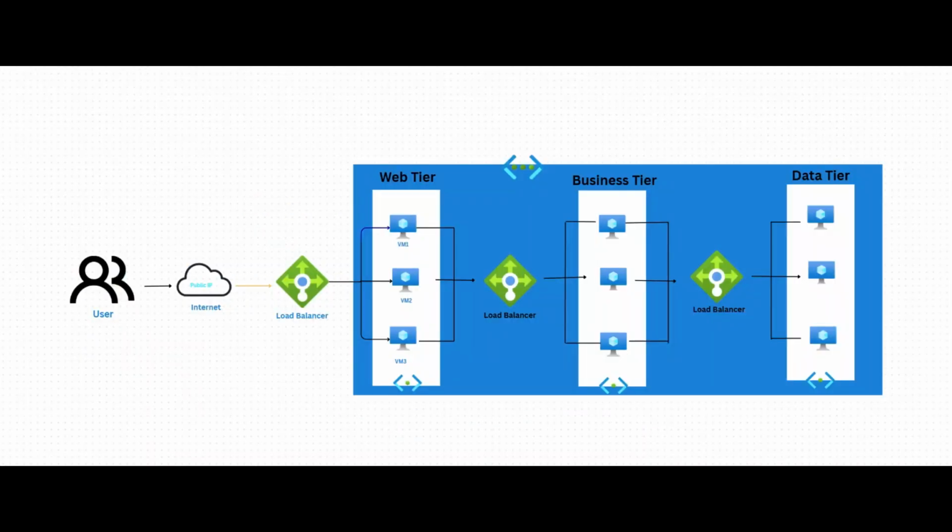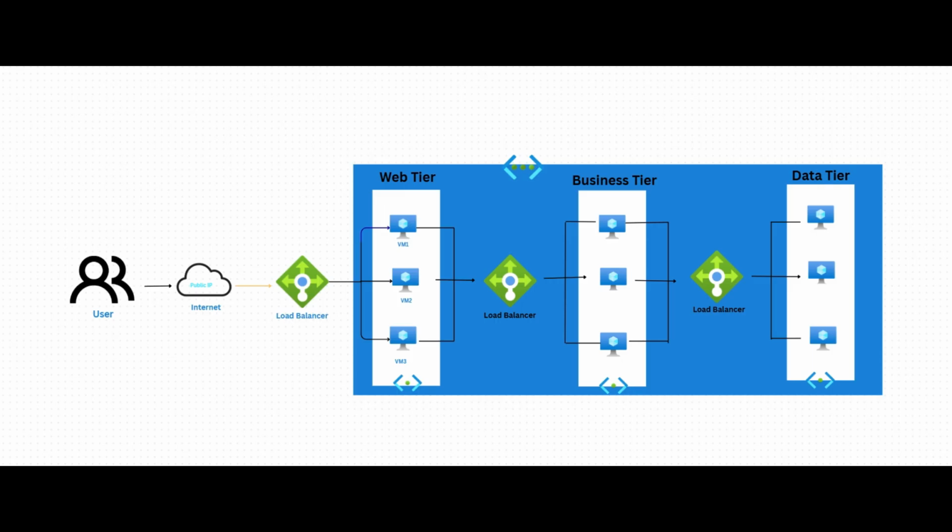So now let's take this one step further and talk about how the load balancer works in a real-world multi-tier application setup. When we build a multi-tier application, for example, an application with a separate web layer, business logic layer, and data layer, we typically use a dedicated load balancer for each layer.